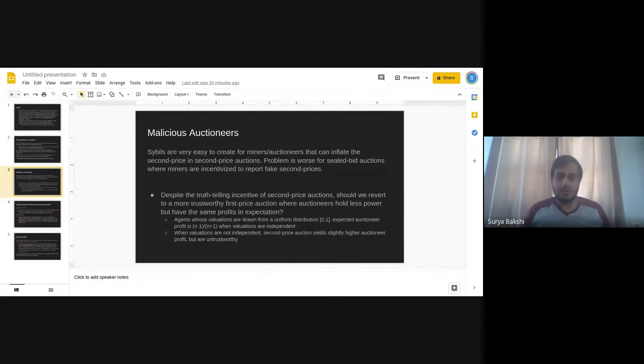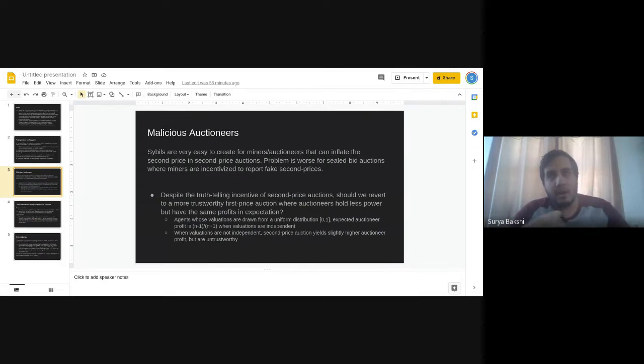So the question really comes down to is, do we want a second price auction, or do we want to perhaps sacrifice on miner revenue for the sake of having a first price auction where such a manipulation on behalf of the auctioneers is no longer possible?